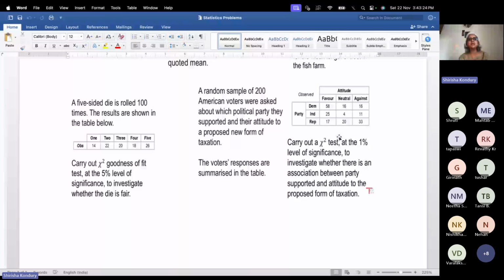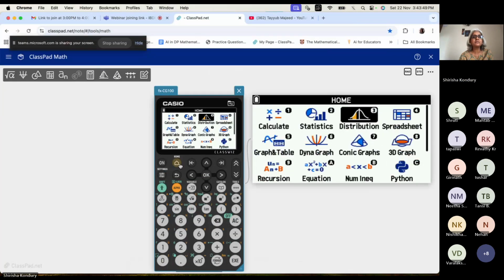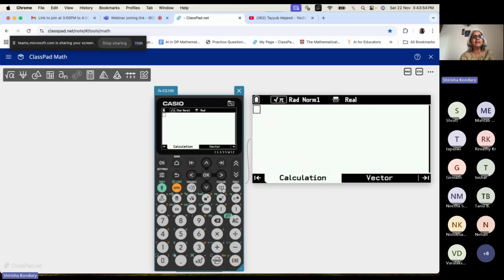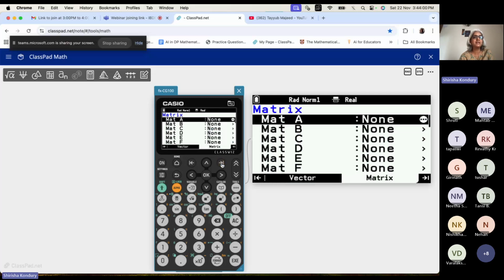So I'm just going to enter again. I'm showing you more the procedure. So I'll show you how to enter the values and I'll not worry about the exact numbers here. Okay, this you can try. So I have 3 rows and 3 columns, and that's what I'm mainly paying attention to, how to do it. The first thing I need to do is enter this in a matrix because it's a 3 by 3 matrix.